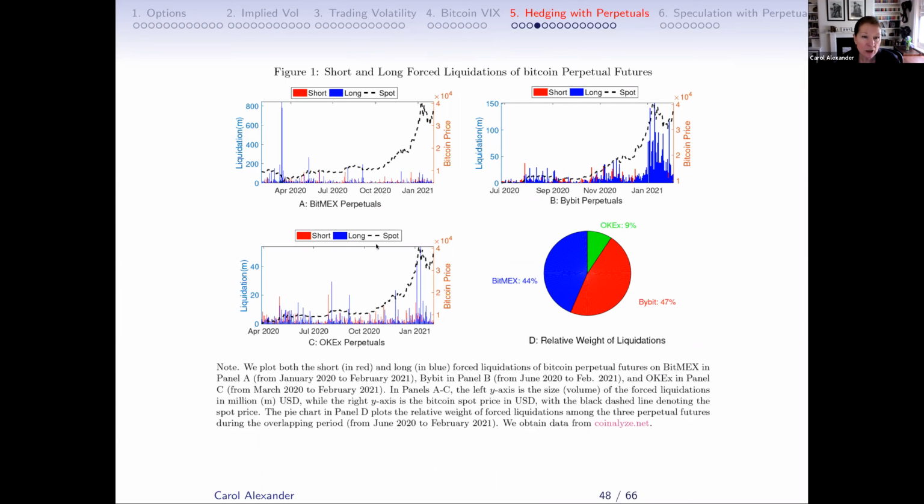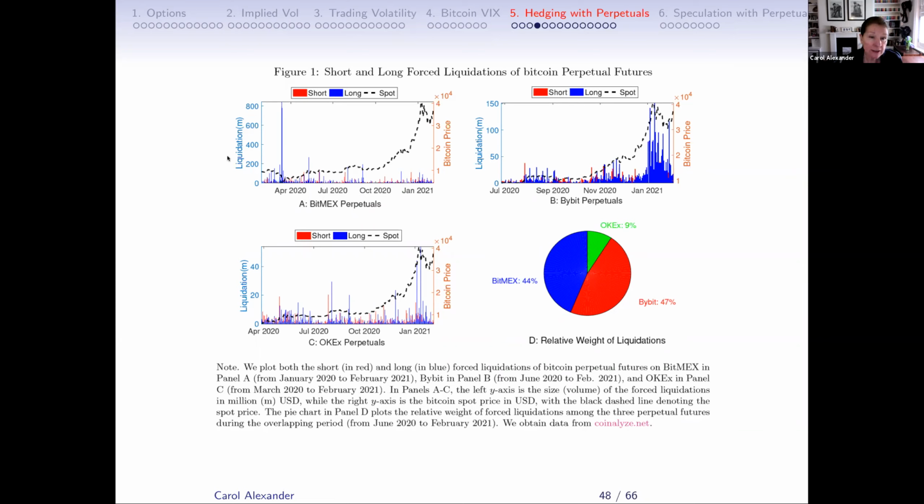But these show the long and the short liquidations on different exchanges, with no particular buffer, and according to the mark price.